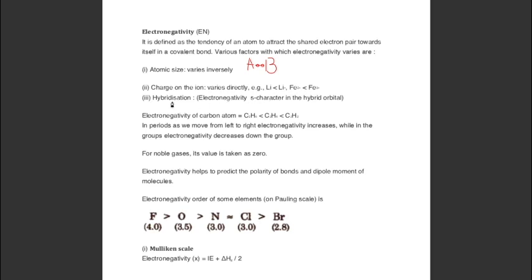Third, hybridization. Electronegativity depends upon the s character of the hybrid orbital. The more the s character, the more the electronegativity.